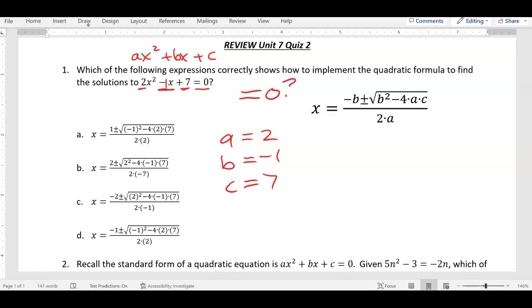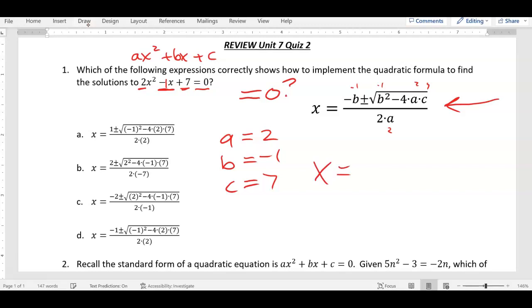Okay, so remember, this is my quadratic equation, and I want to plug in A, B, and C. Wherever I see B, I'm going to put negative 1. Wherever I see A, I want to put 2. And then C is going to be 7, right? So let's go ahead and plug this thing in.